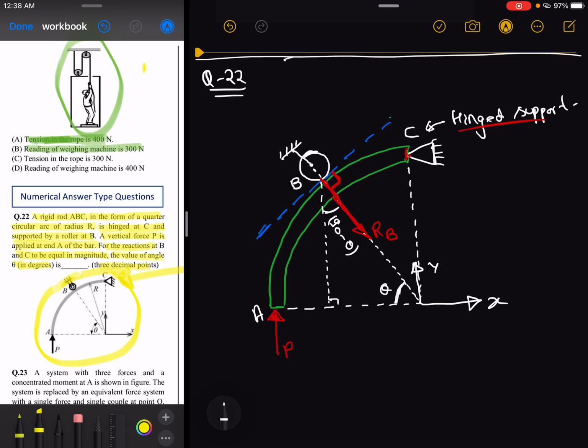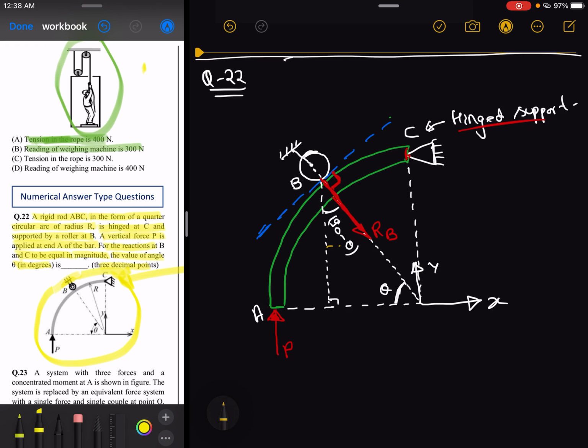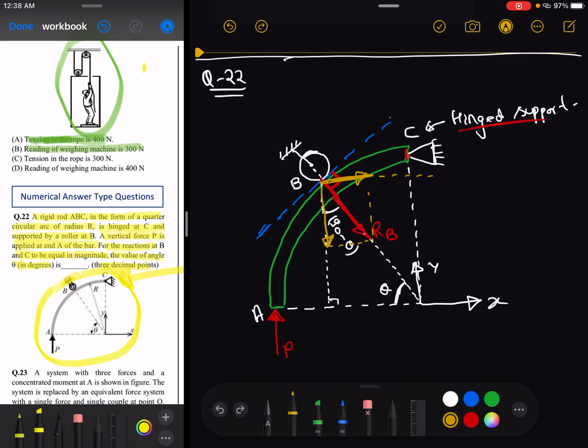Clear? So we can resolve the components of RB in x and y direction. One component along the y direction like this, and one component along the x-axis like this. So this will be the horizontal component, and this will be the vertical component, right?